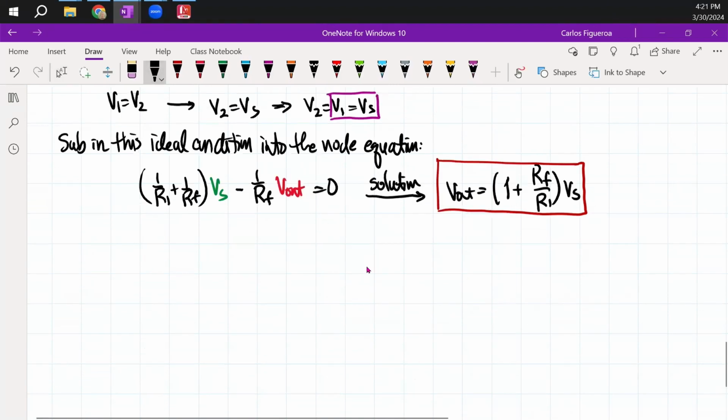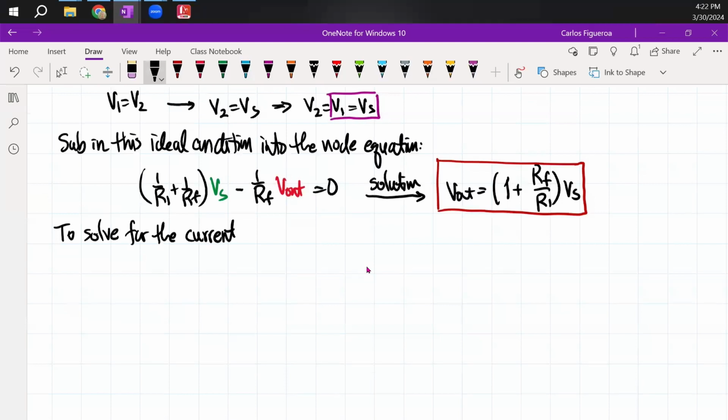So to solve for the current I out, the current through R1 can now be calculated.